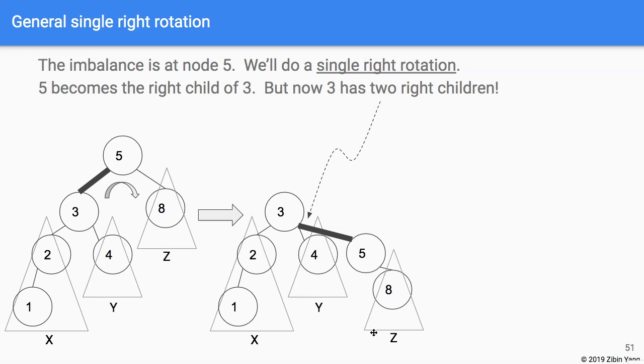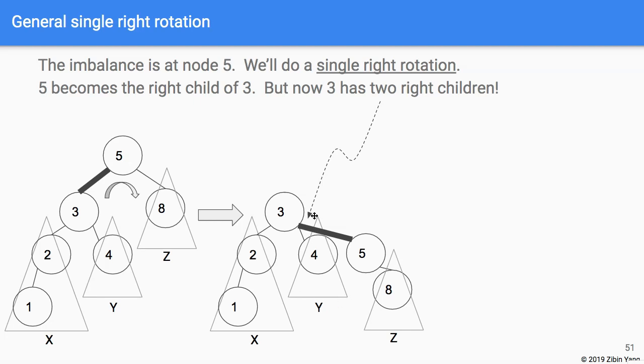Even the subtree Z is still attached to 5. Now, the only odd thing here is that the number 3 now has two right children, because we attached 5 to it as the right child, in addition to 4, or the subtree Y.